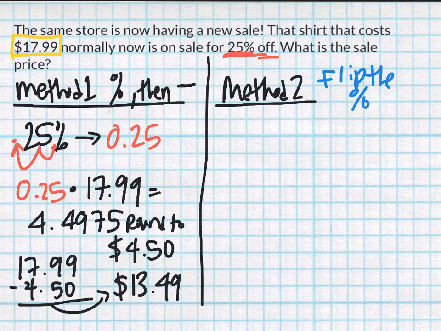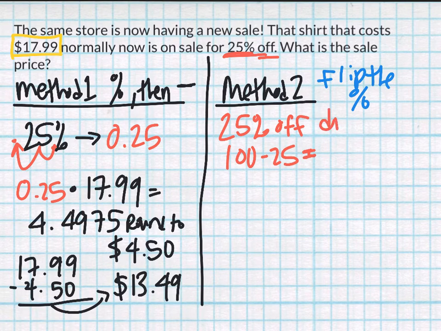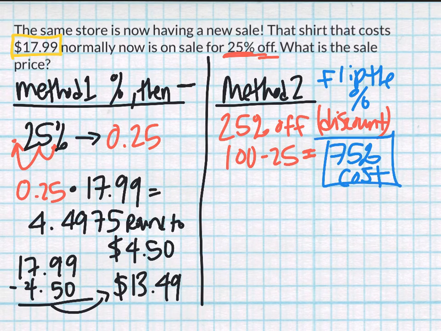So if I start out with 25% off, subtract that from 100, tells me what I'm actually paying. This is my discount, but I want to know what is my cost. So this shirt is going to cost me 75% of the original price.